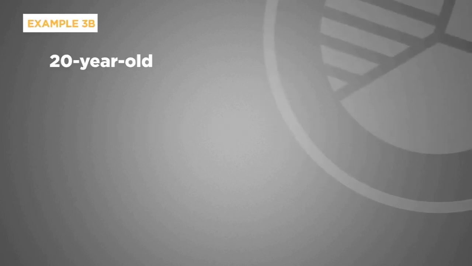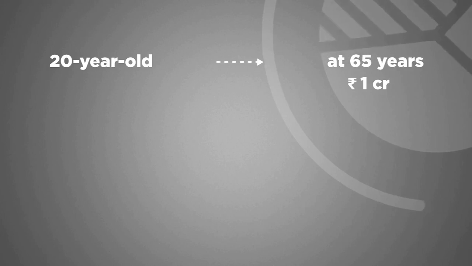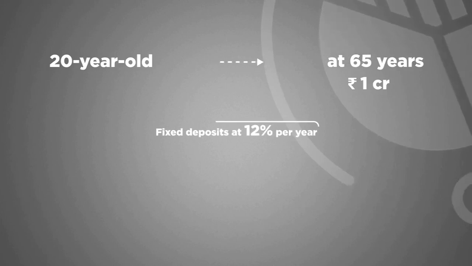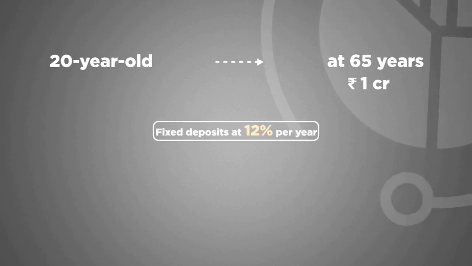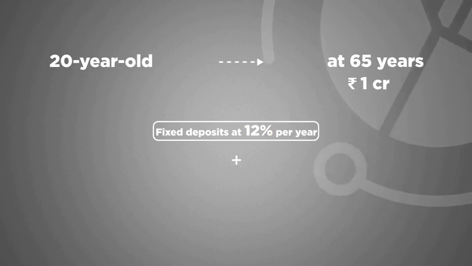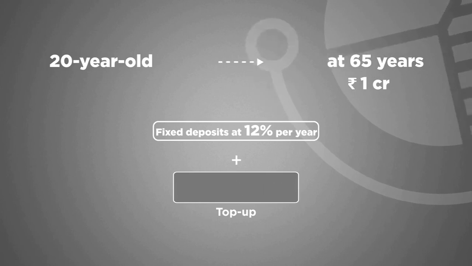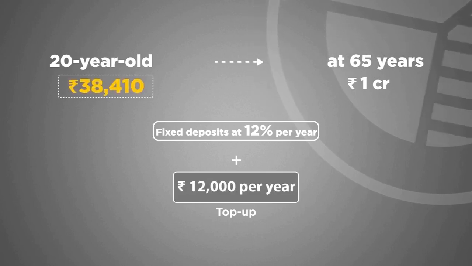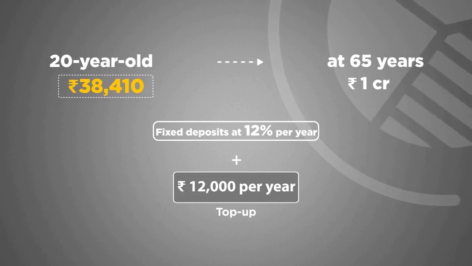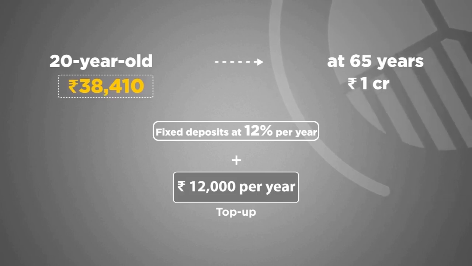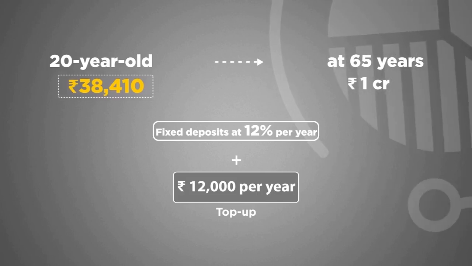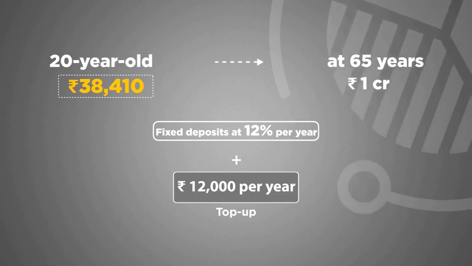Example 3B. That same 20-year-old wanting 1 crore at 65, willing to invest in mutual funds, but now, in addition, willing to top up 12,000 per year, should invest even less than that 60,980. That individual should invest 38,410 in the beginning. And we could go on with these examples.